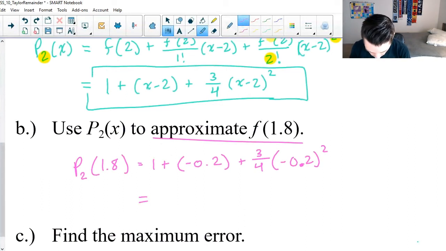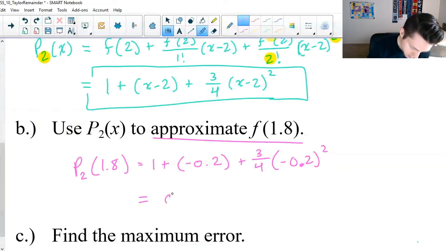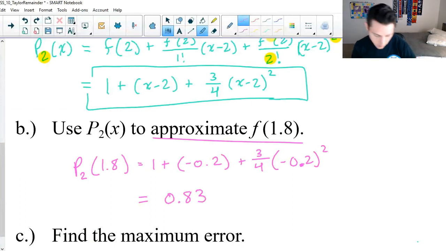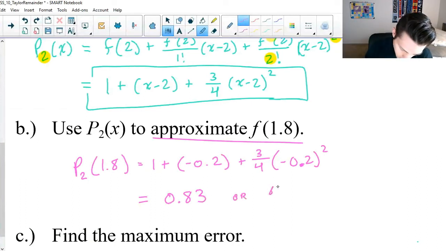Do some calculators. Okay, and we would get 0.83, or 83/100ths.